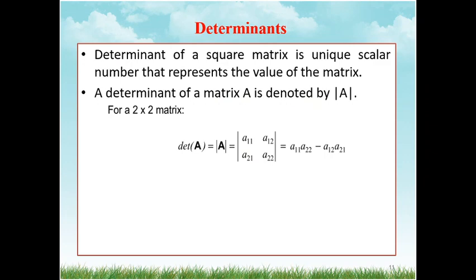Alternatively, we can solve these simultaneous equations using numerical methods, in which we arrange the given equations in the form of a matrix, and then we find the value of the unknowns by finding the determinant of the matrix forms.